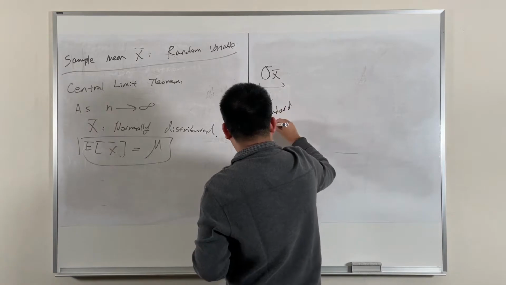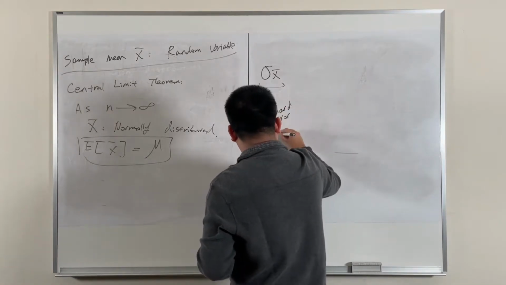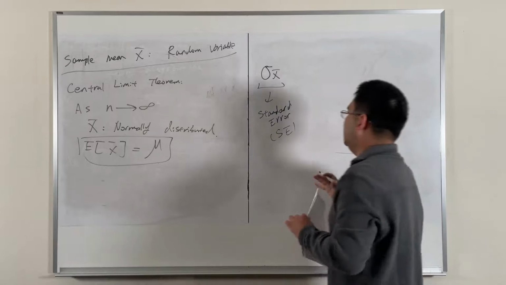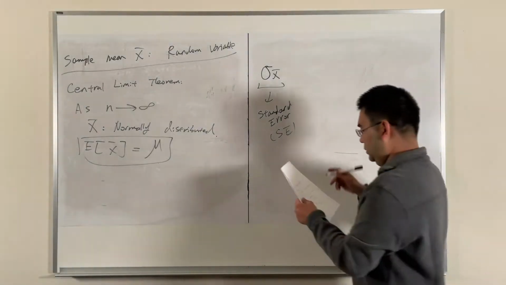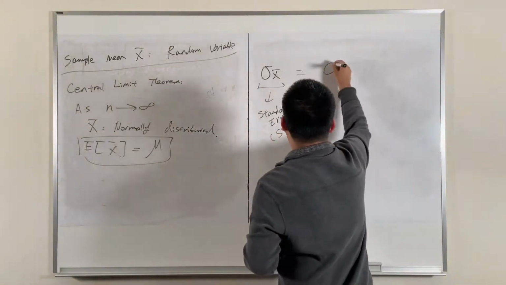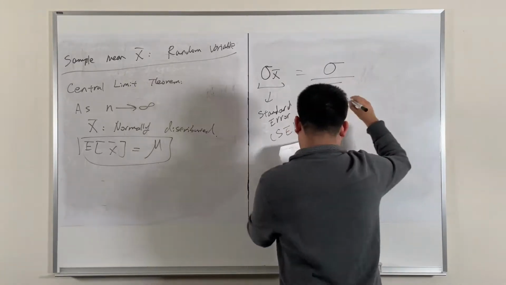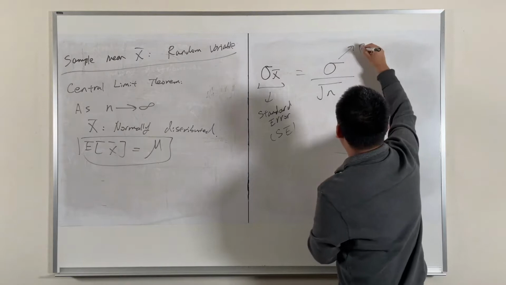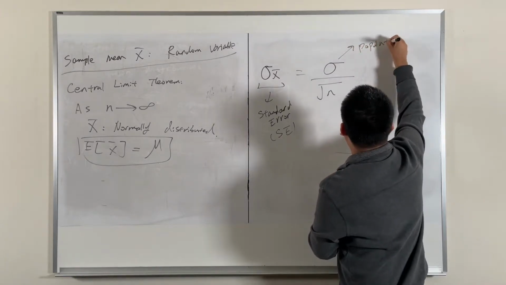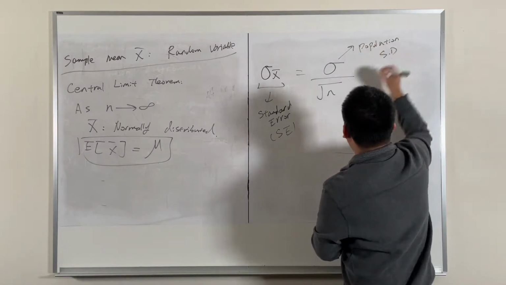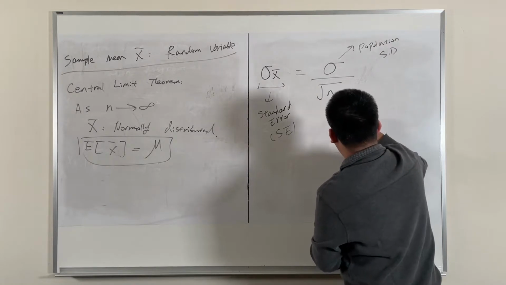So the standard deviation of our sample mean is our standard error, and this equals the population standard deviation divided by the square root of our sample size. This is the population standard deviation, and this is our sample size.